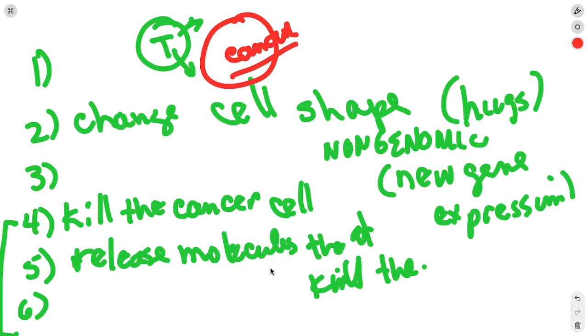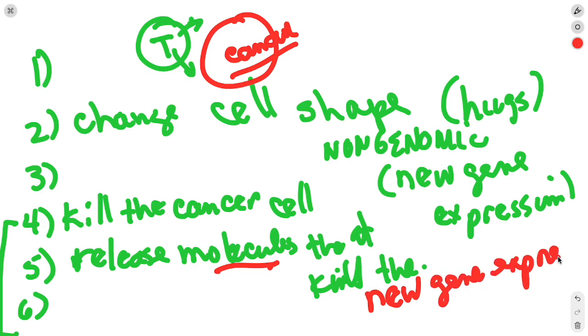A lot of these molecules are newly synthesized, so there's a lot of new gene expression. So that's one part of its killing: I'm going to activate genes for molecules that are going to get released, bind to the cancer cell, and directly kill it.